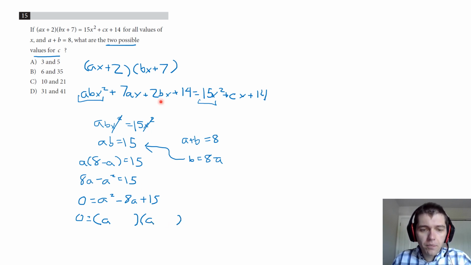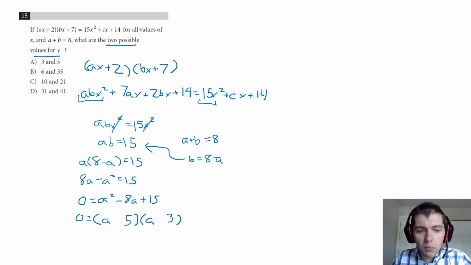You'll need to find what values multiply to come to 15, and also add up to be 8. So in this case, your only option there is 5 and 3. So you'll have 5 and 3.